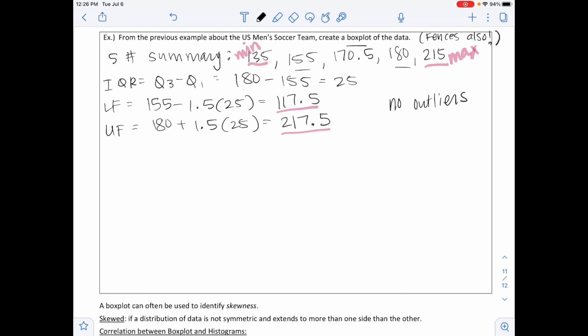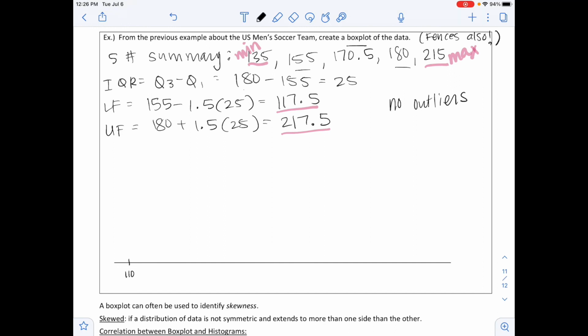So in order to create our box plot, we need to draw a number line that is long enough to include our fences and also our 5-number summary. So our lowest fence is 117.5. So I'm going to go ahead and count by tens.